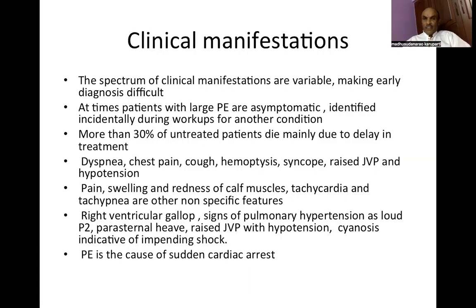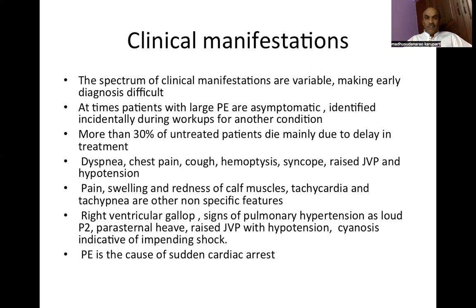Coming to the clinical presentation. Well, pulmonary embolism is such a difficult situation because of the variable clinical presentation. As I told you, at times patients with a large PE are asymptomatic, identified incidentally during workup for another condition. So it's surprising, more than 30% of untreated patients die, mainly due to delay in treatment.